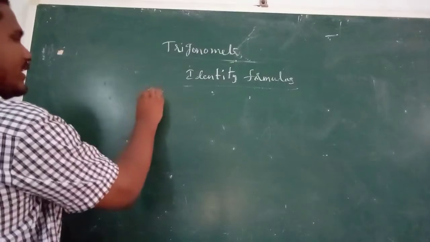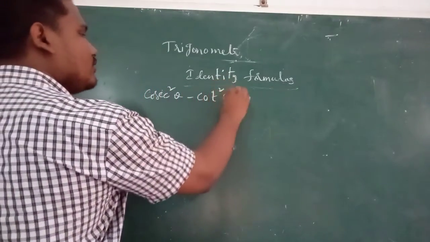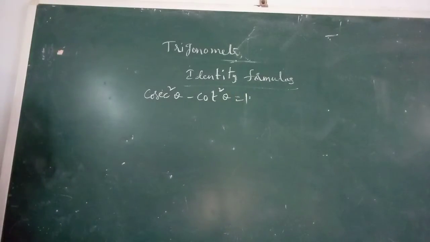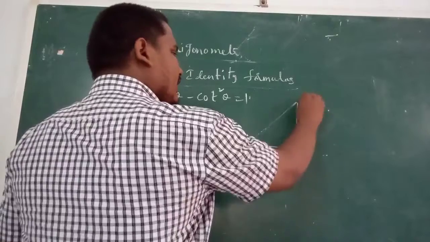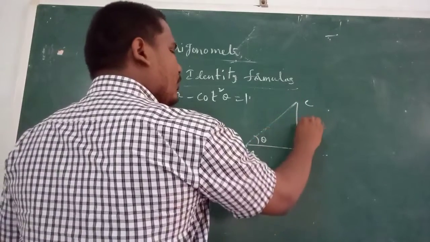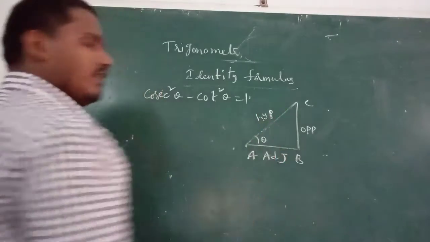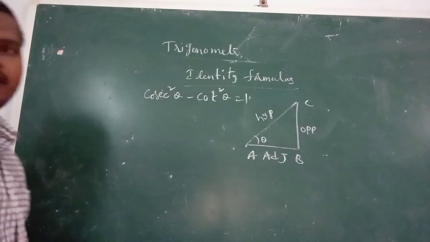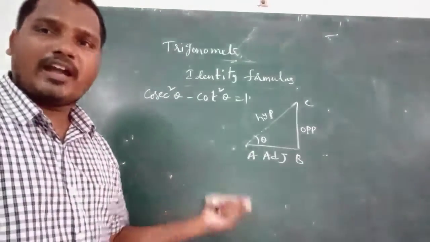Next. Cosecant square theta minus cot square theta is also 1. ABC is a right angle triangle. You are taking theta, opposite, adjacent and hypotenuse. Okay, then what is the cosecant theta formula? Reciprocal of sin. Sin theta means opposite by hypotenuse.